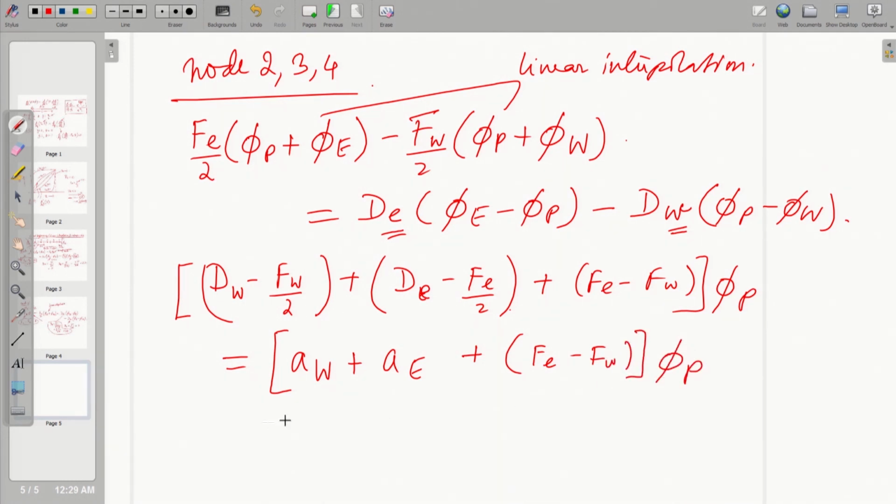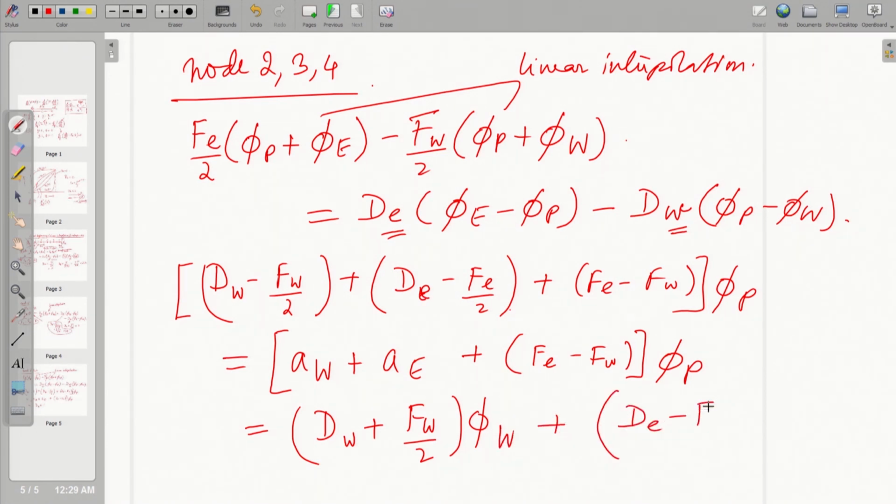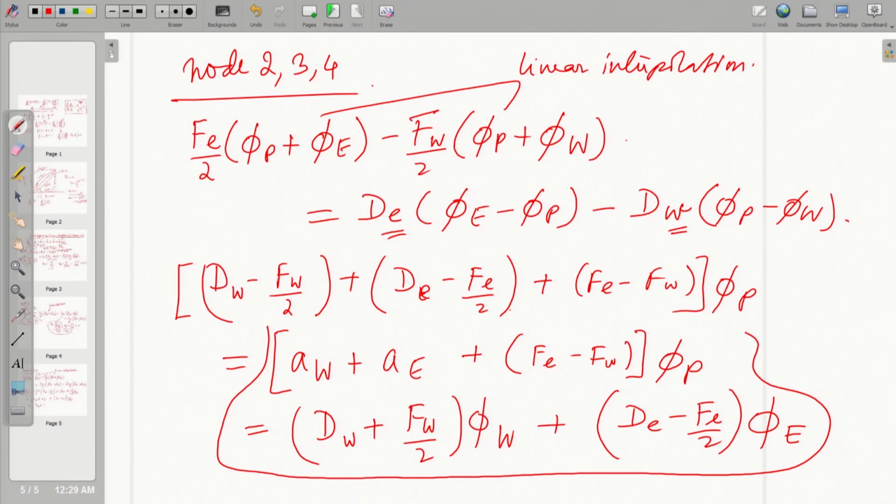So, this is how the left hand side would look, and the right hand side will look like so. This is how the equation looks finally for the internal nodes.